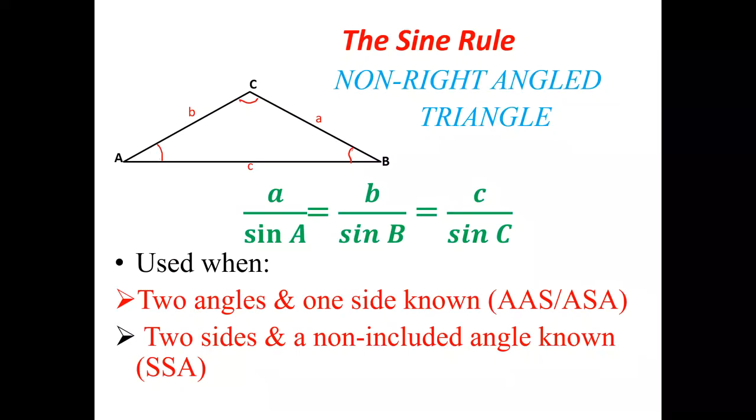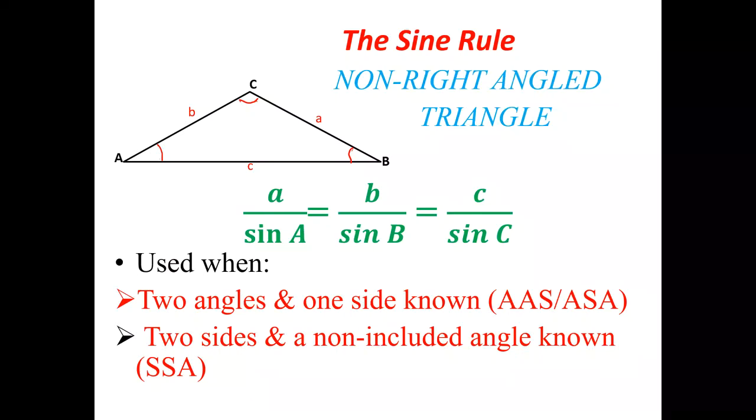Whenever you are given such a triangle, especially in questions like those on bearing, what you do is use what we call the sine rule, because the sine rule is used when we are finding lengths of sides and angles of a non-right angled triangle.